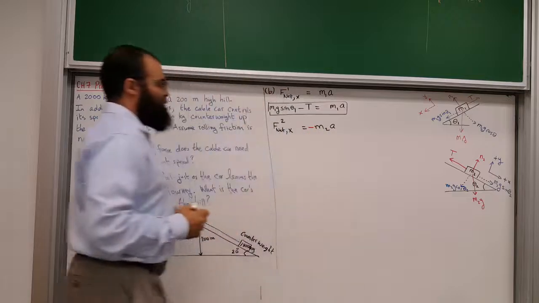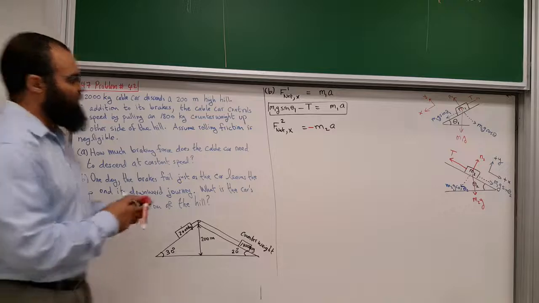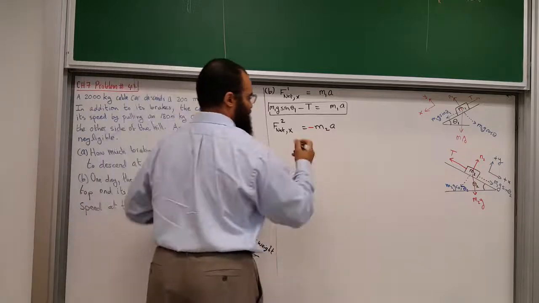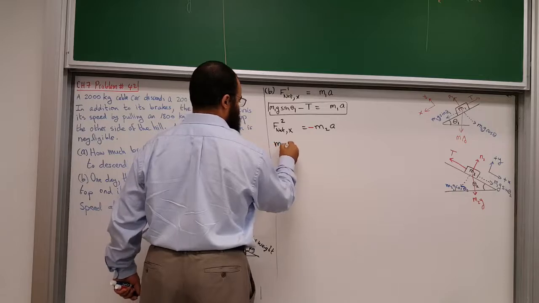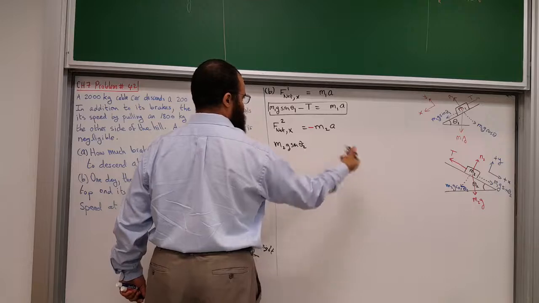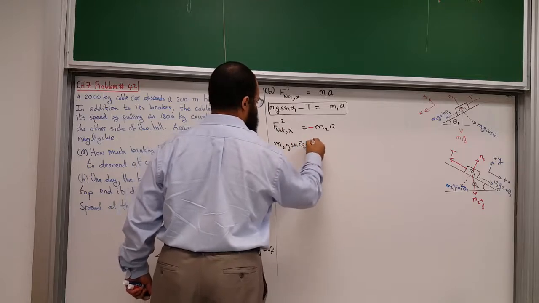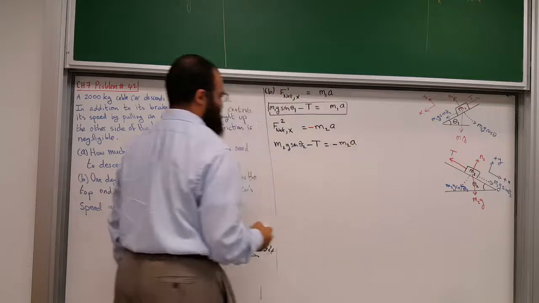Okay? What are the forces? Well, you got m2g sine theta 2, that's positive because it's down by just choice of axes. The tension again is up, so that's negative, minus the tension equal to negative m2 times the acceleration.